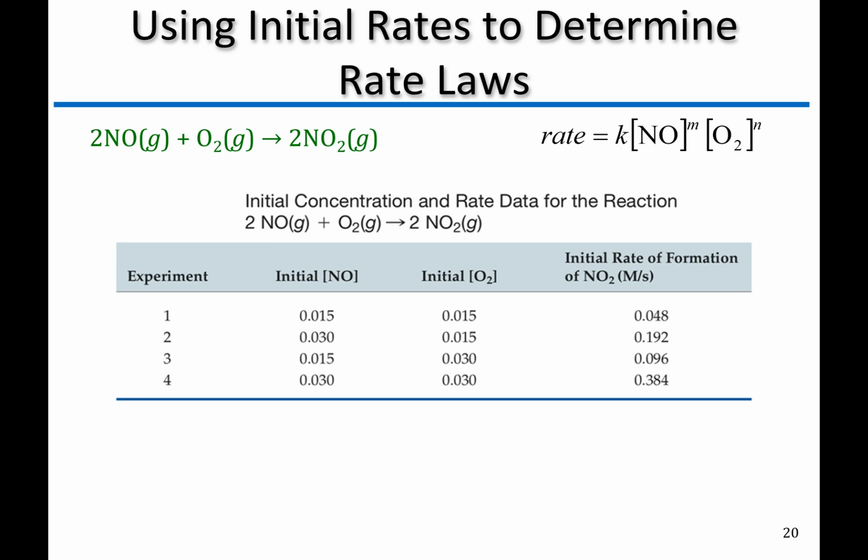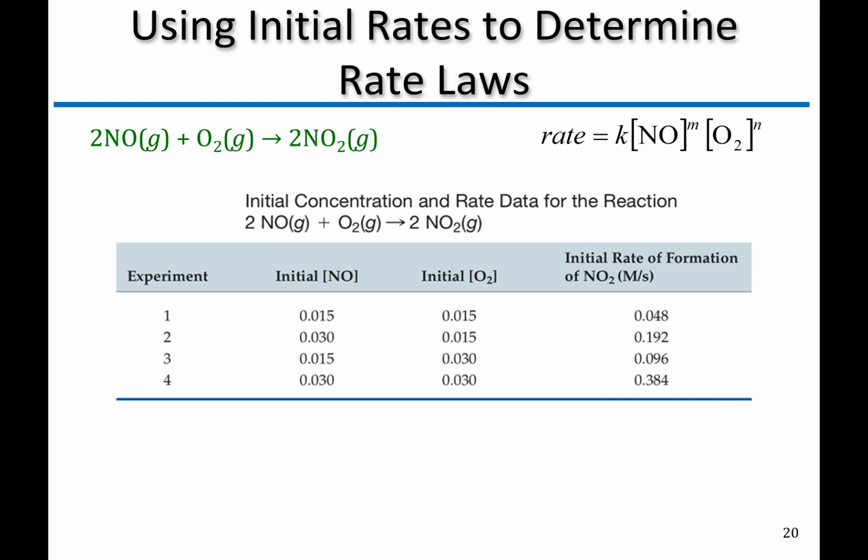And we have some experiments, 1 through 4. We have some concentrations. So here's a concentration for NO, here's a concentration for O2. Notice we don't care about our product. We're talking about concentrations. And then lastly, we have our initial rates.